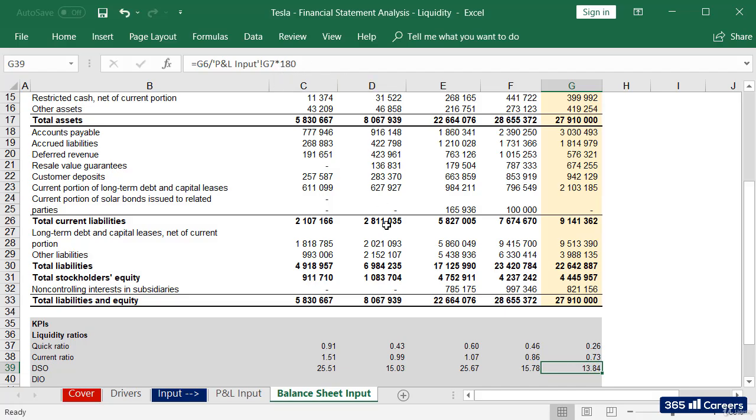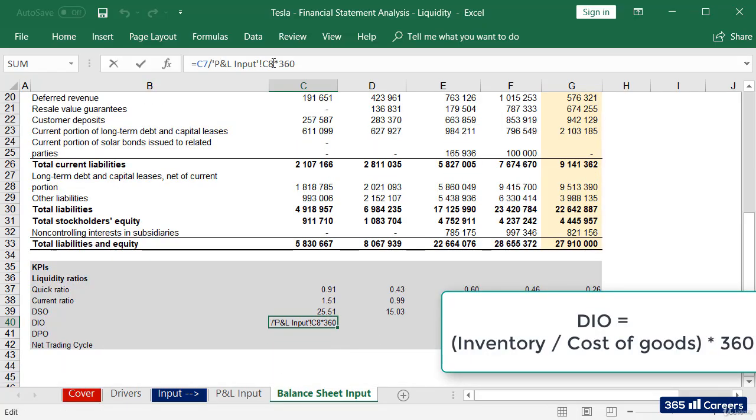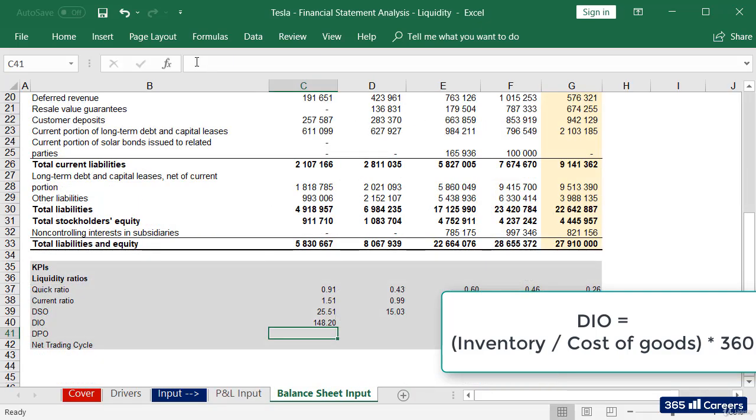Okay, I can simply use the DSO formula and paste it for DIO, but this time we'll have to divide by COGS and not by revenues. Also, let's add a minus sign to obtain a positive result, given that we are calculating days. When we calculate DIO, we don't divide by revenues.